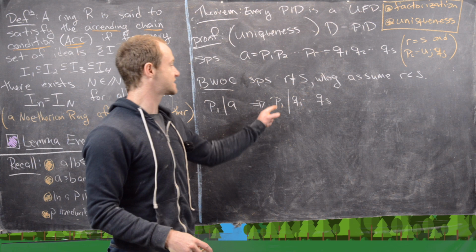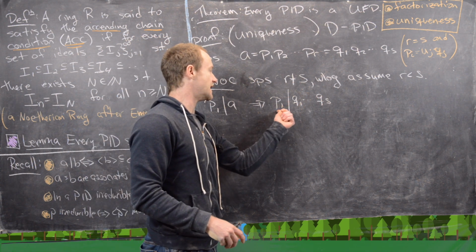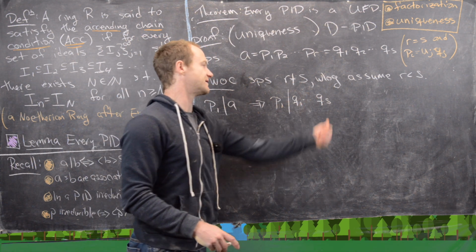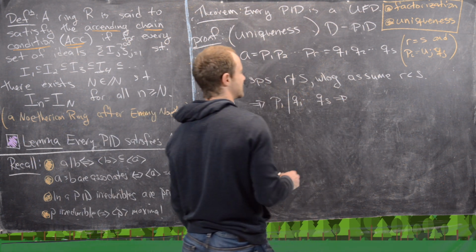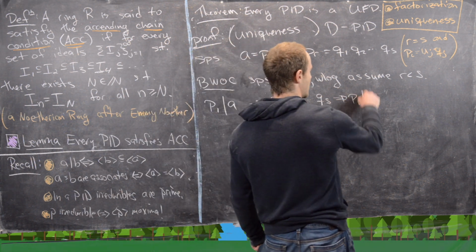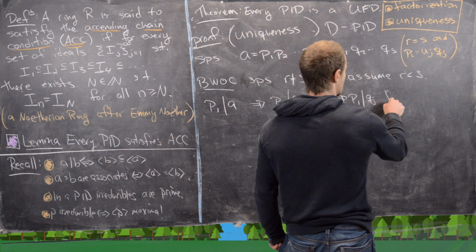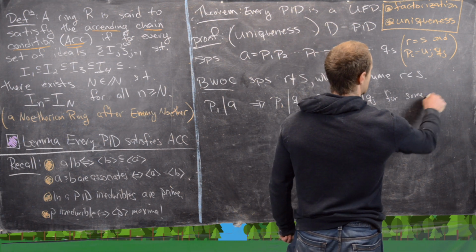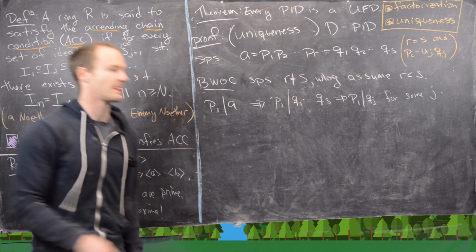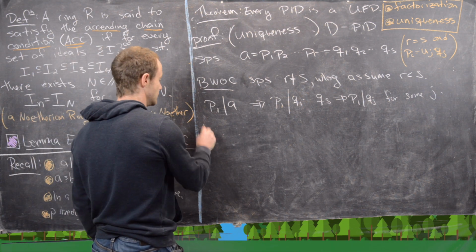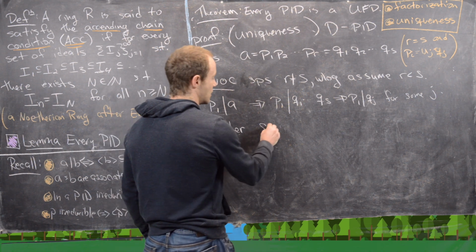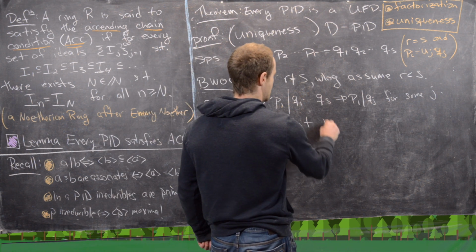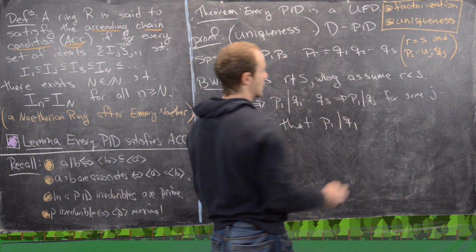Since P1 is prime and it divides this product, it must divide one of the terms of this product. In other words, P1 divides Qj for some j. Now from here what we want to do is reorder so that P1 divides Q1.